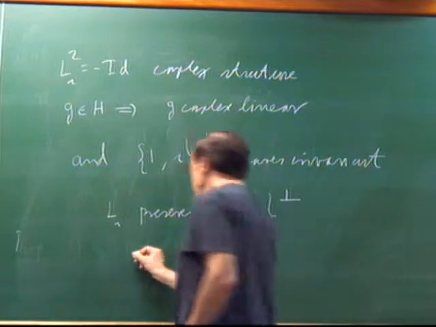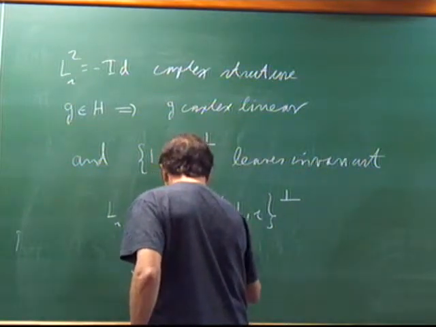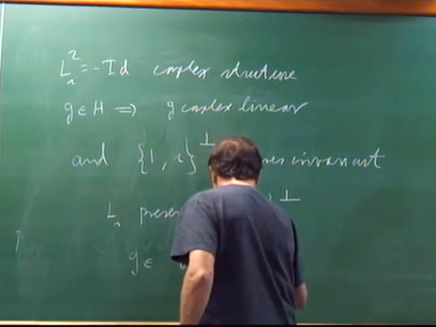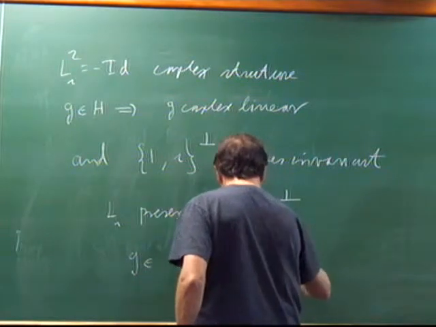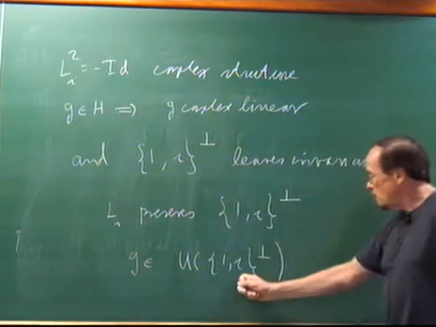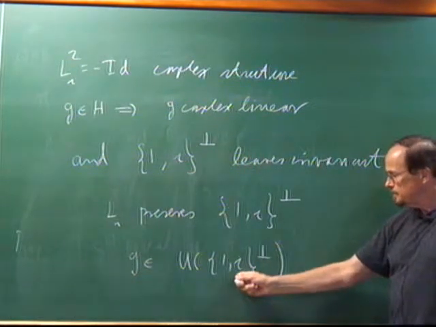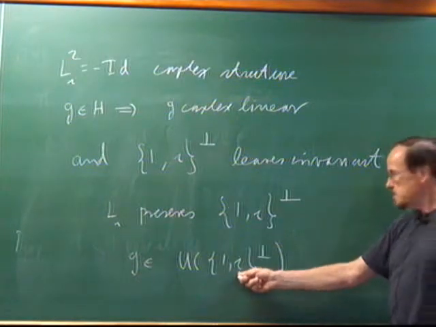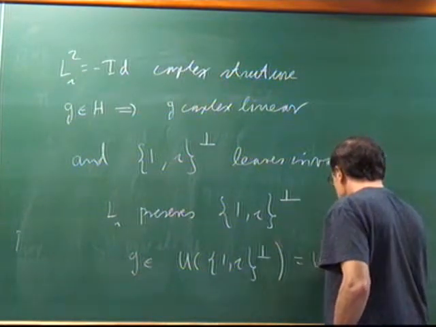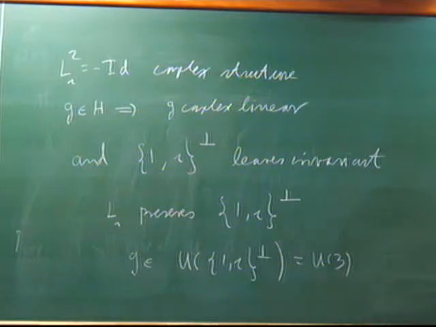So that means that G is an element of the unitary group of that complex vector space. But the orthogonal complement is 6-dimensional, complex 3-dimensional, so it's U3. So just from the definition and the automorphism property, I immediately get that it must be complex linear.